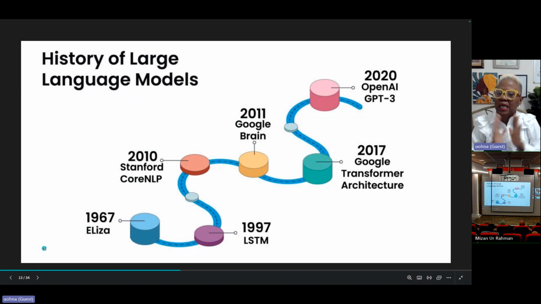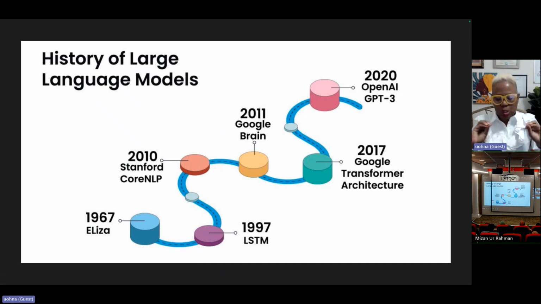But let's go back to the beginning as far as where these chatbots came from, right? We had the rule-based chatbots. They've been around for a long time, since 1966. There was the first Eliza chatbot that you could ask questions and it would give you some very straightforward answers, but it was able to quote unquote understand.